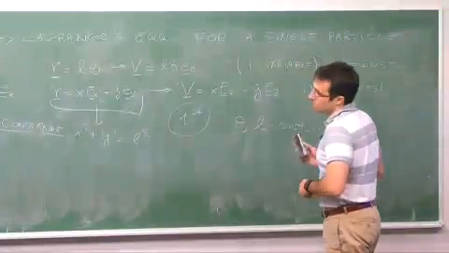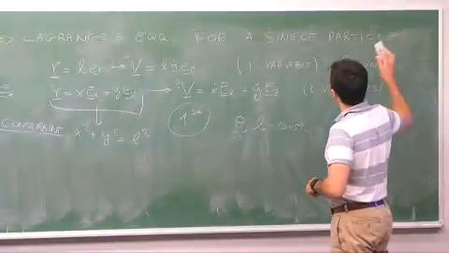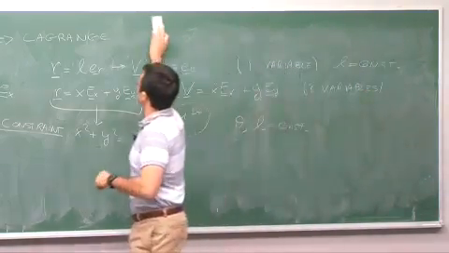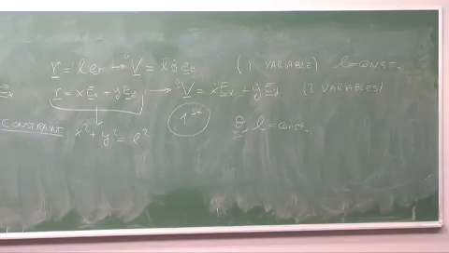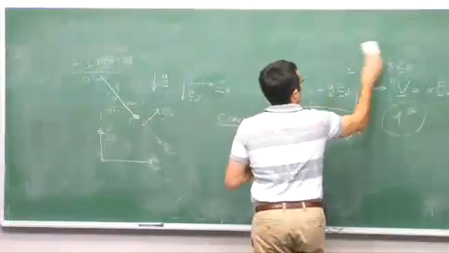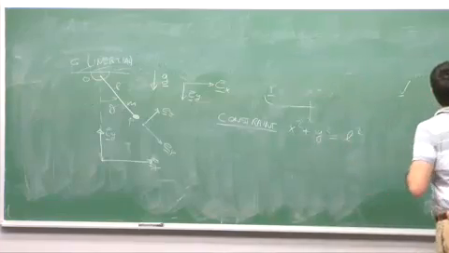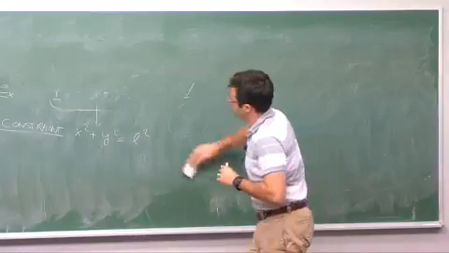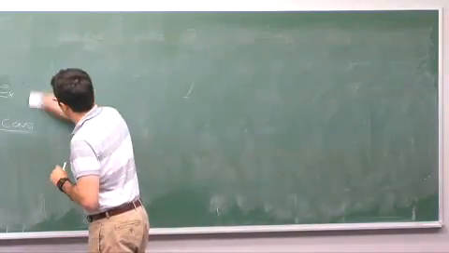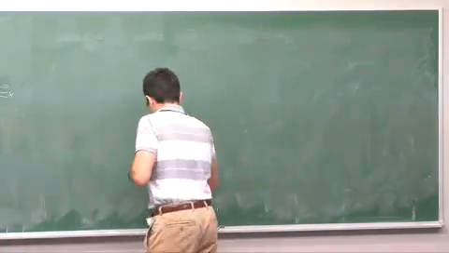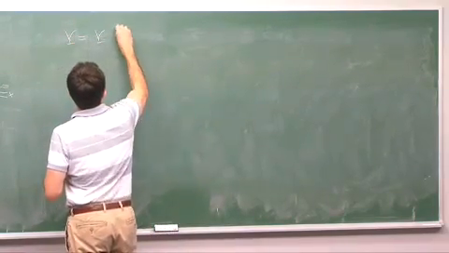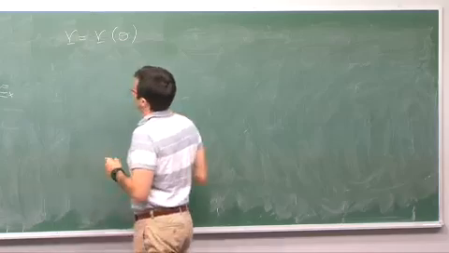Now, what do we want to do? If I stick with the first representation here, if r is a function of theta, because this is what I'm telling you, that r is a function of theta, right?